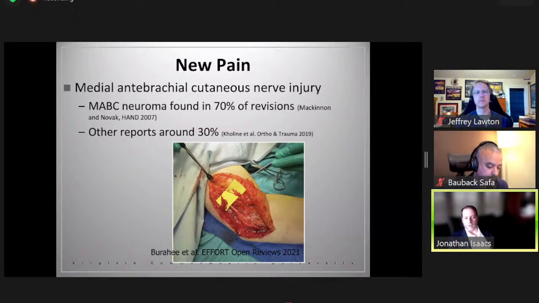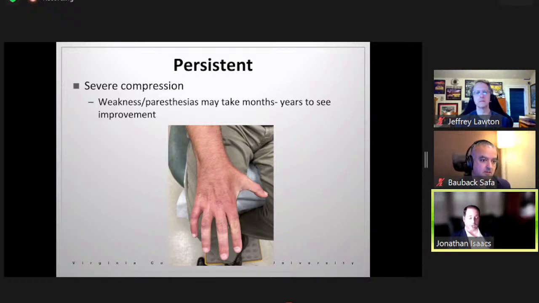That seems like a very high number. And I don't think the take-home message is that in 70% of patients, the MABC gets cut. And certainly not all MABC injuries are that symptomatic, but Tinel's, paresthesias, increased pain, all things that would lead you to conclude that there's a chance that that person does have a cutaneous nerve injury.